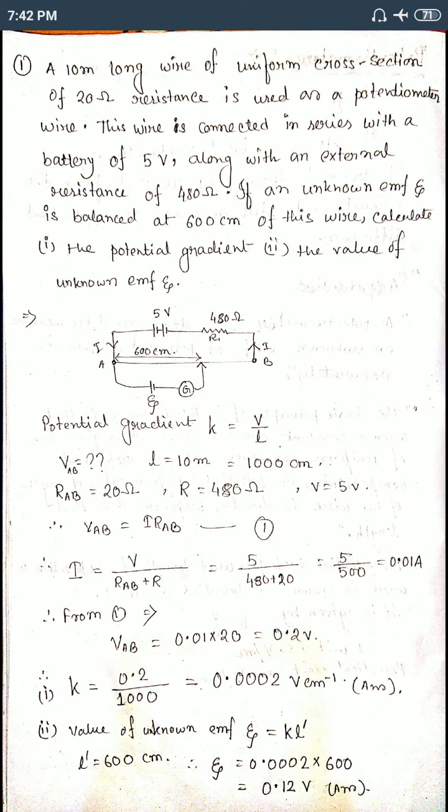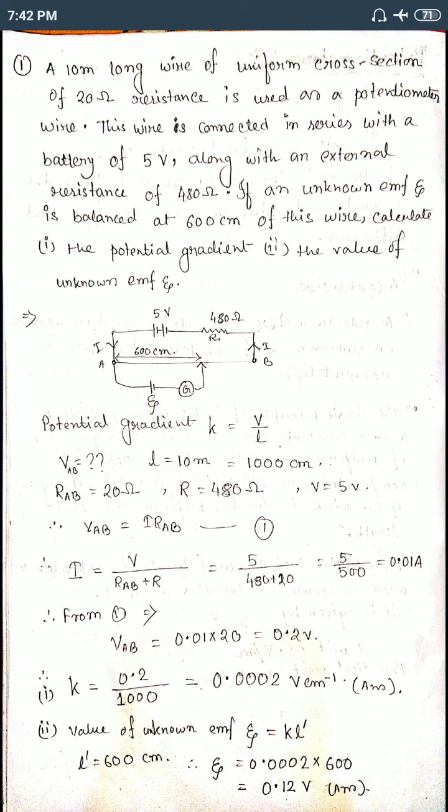Okay, and the EMF we did not know the value, that is E. So from here, if we want to find out the EMF E, we can write E equals K into L dash, because K equals E by L dash. The potential gradient will be constant, and that's why we first find out the potential gradient.